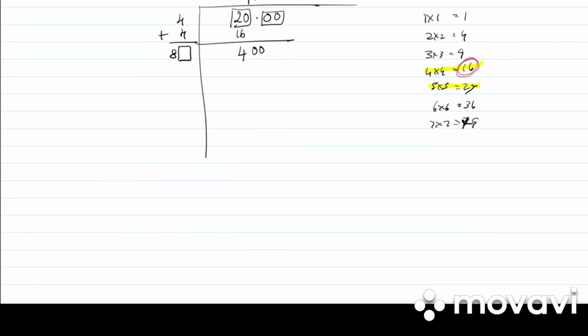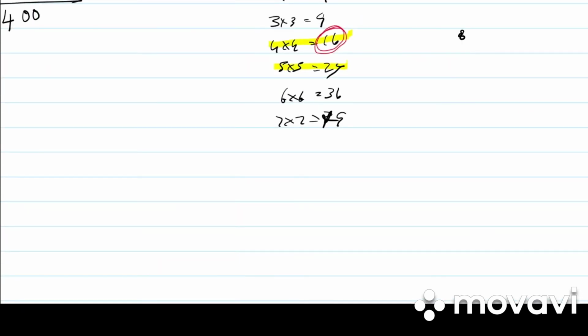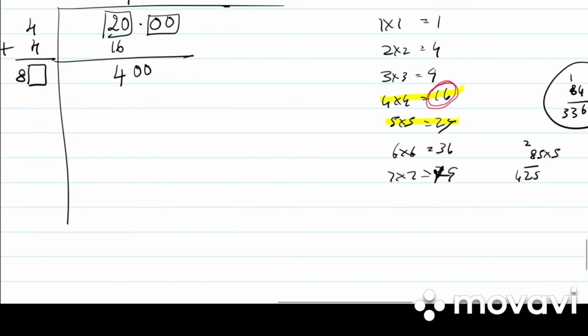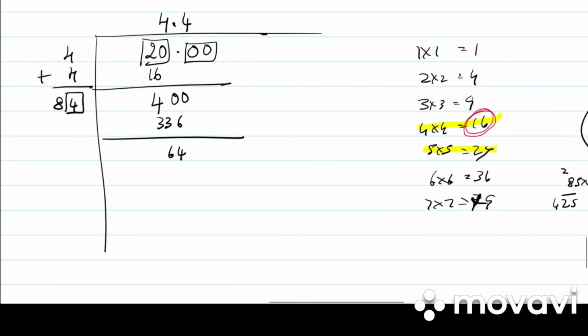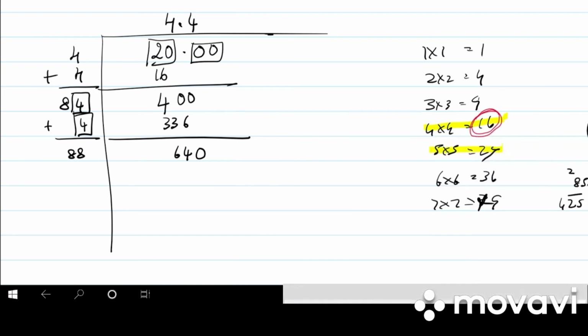So now we need to do the trial and error method. 84 into 4, we get 336. 85 into 5, we get 425. Which is the closest number? 4. So we put here 4. We get 336. How much do we get? 64. We add 4 here. It is 88. Again we bring 2 zeros.